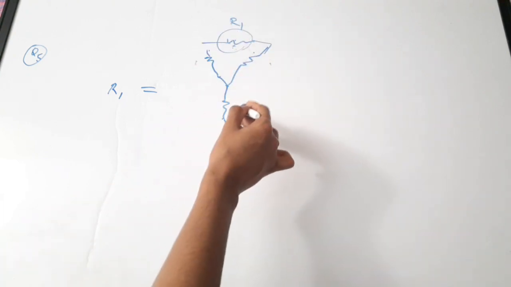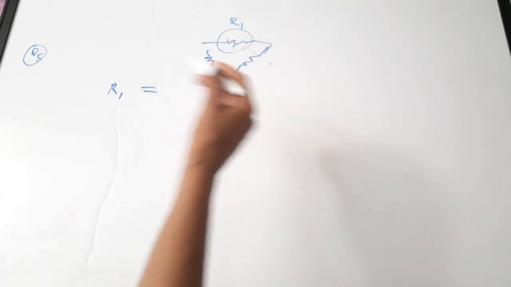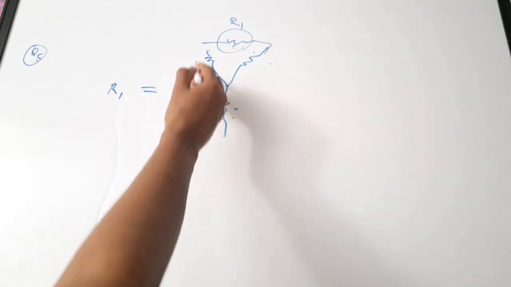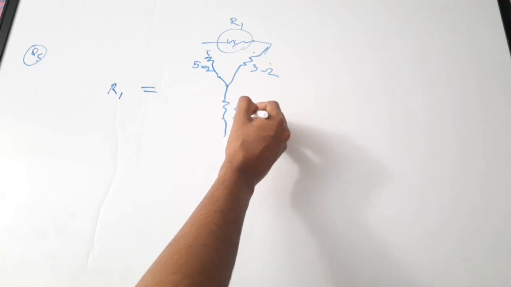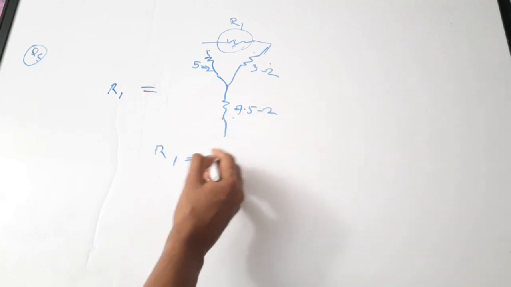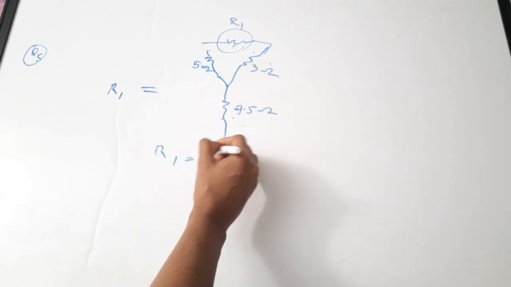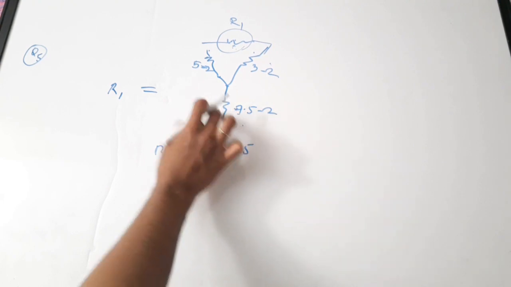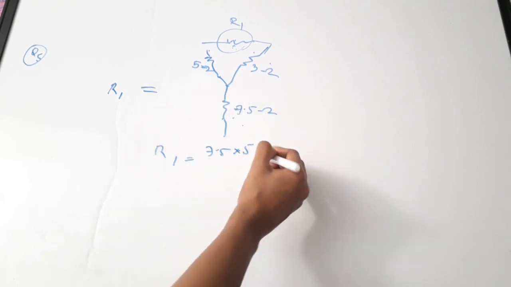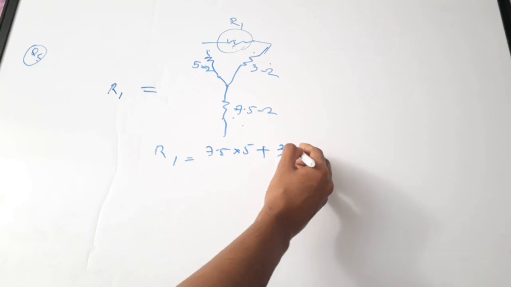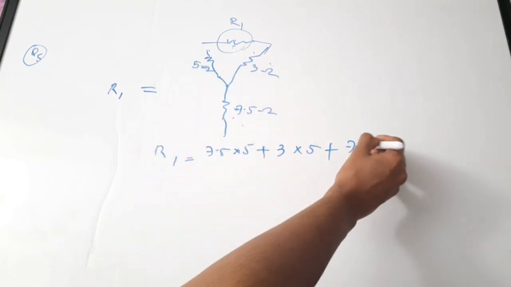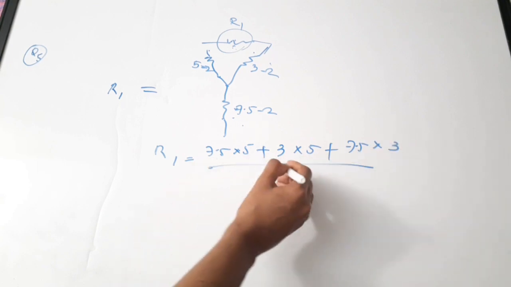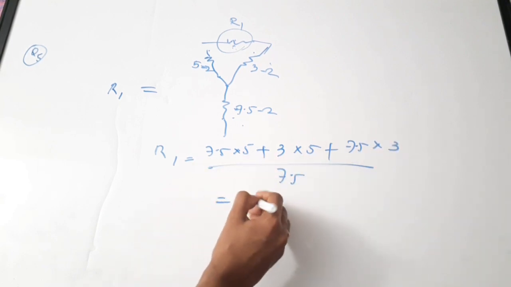So the opposite one is here. So divide by this resistor. Okay, we'll find it. I'm going to write 5 ohm here, then 3 ohm here, then 7.5 ohm here. So R1 equal to 7.5 into 5 plus 3 into 5, product of these two, plus 7.5 into 3, by 7.5. Okay, correct answer is 10 ohms.